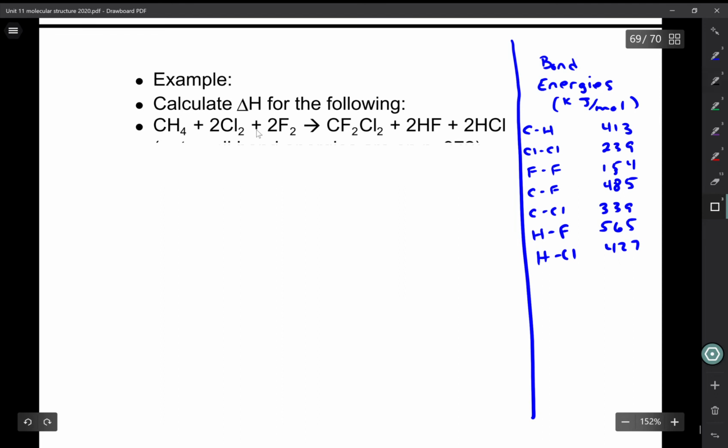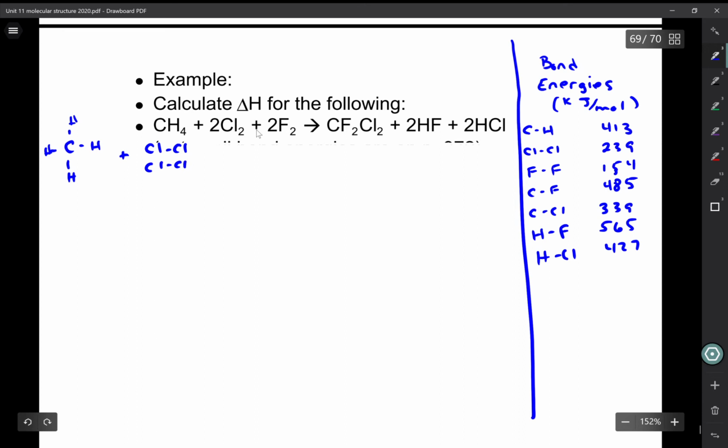To figure out delta H, we need to figure out all the bonds for each of these compounds. Typically you're going to have to draw the Lewis structures for these. So, for example, CH4, plus 2 Cl2s.